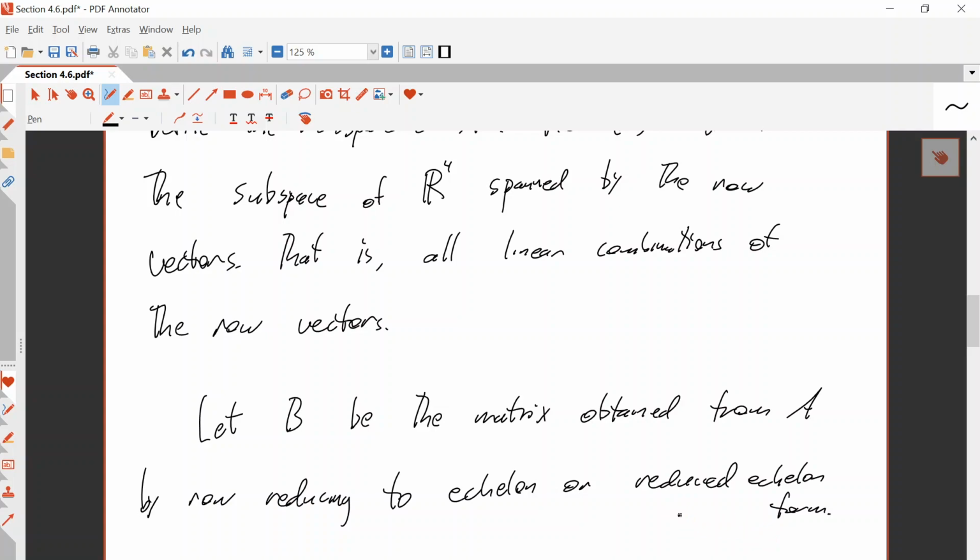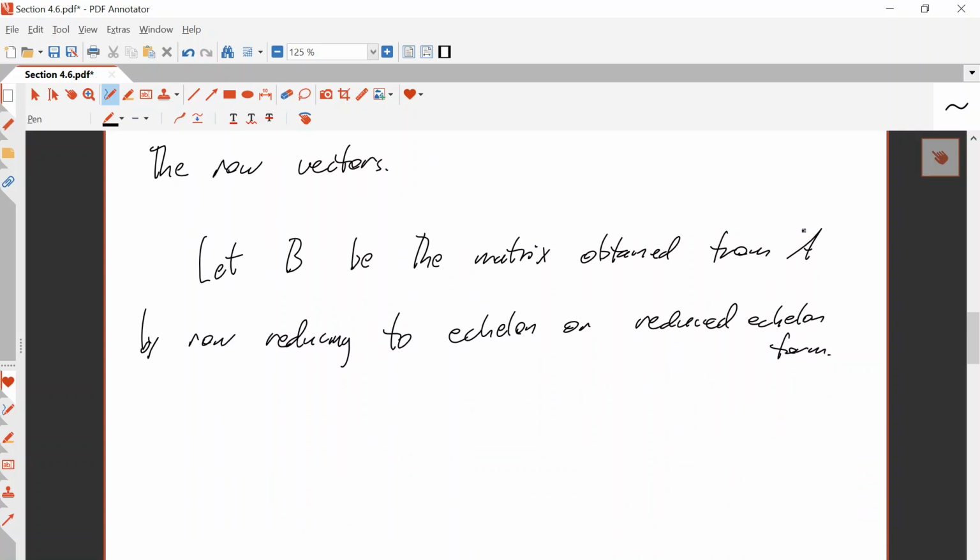Row echelon or reduced row echelon form, whatever the case might be. This is done with elementary row operations. And what are those elementary row operations? One, exchanging two rows.